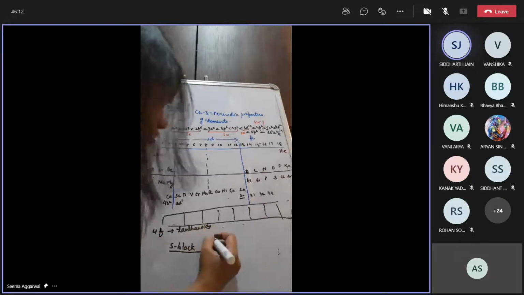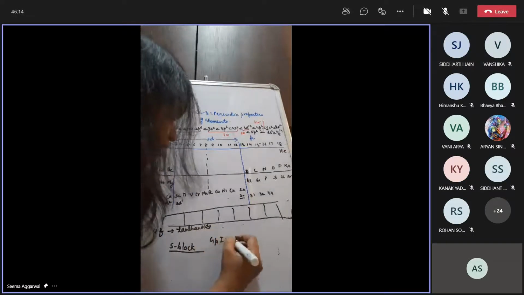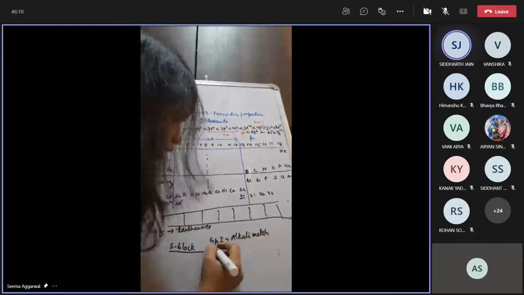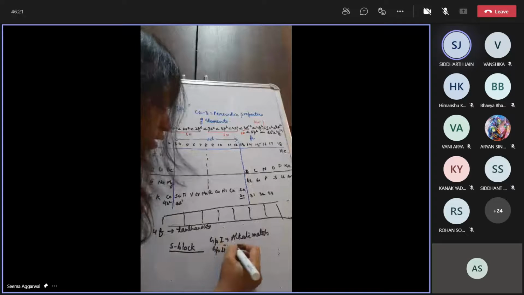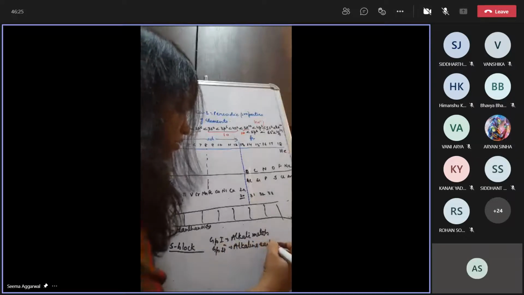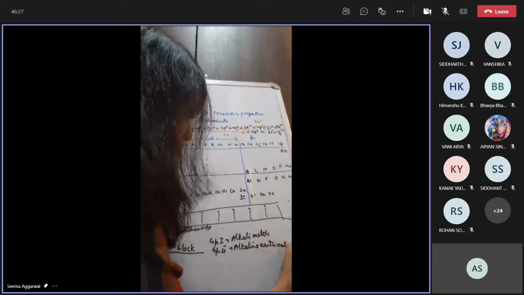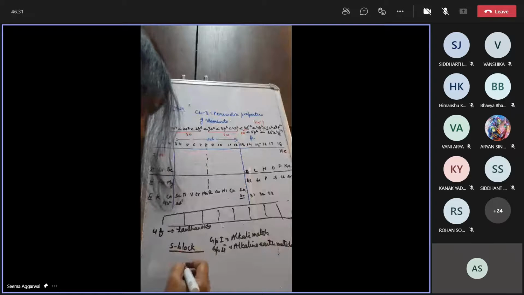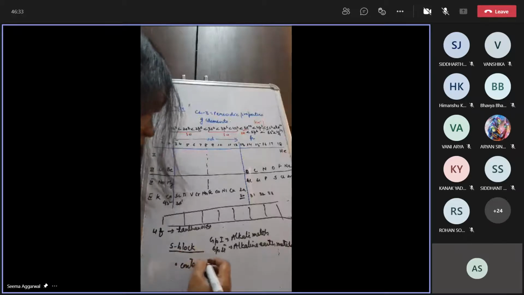Group 1 elements are called alkali metals. And group 2 elements are called alkaline earth metals.